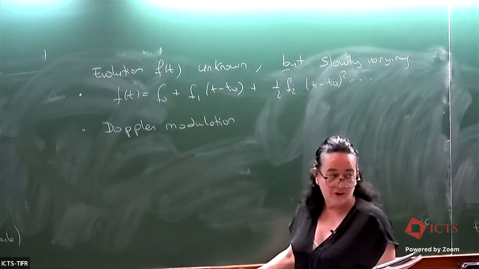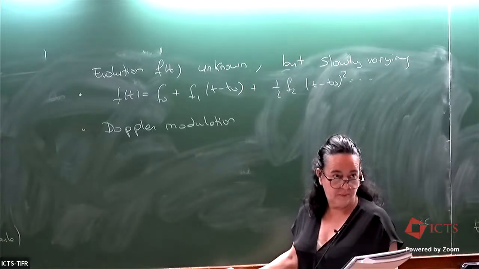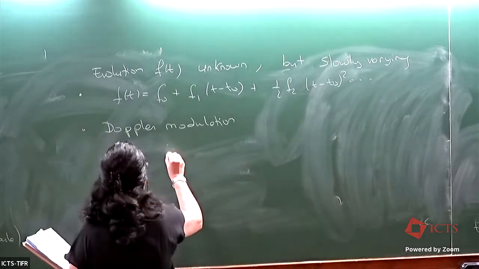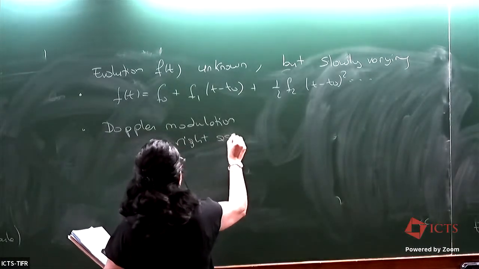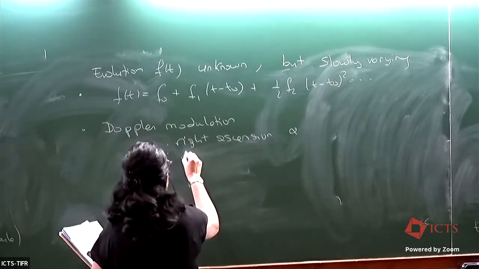So then our signal at arrival at the detector will not be exactly a sinusoid. And basically this is going to depend on the sky location, so the right ascension and the declination.